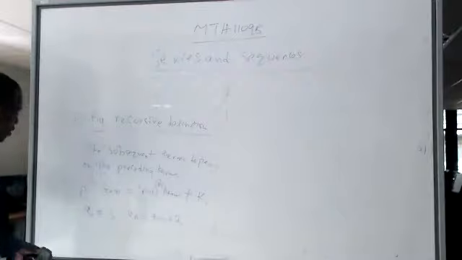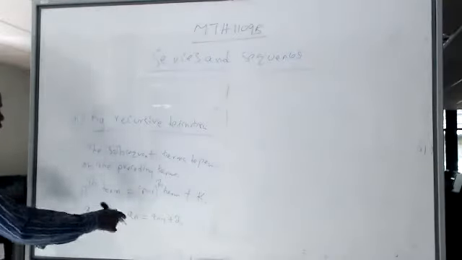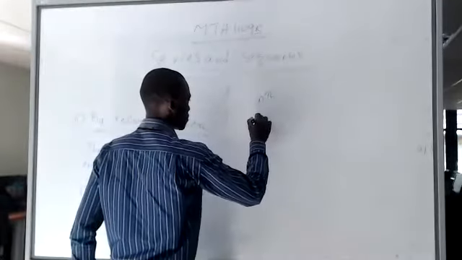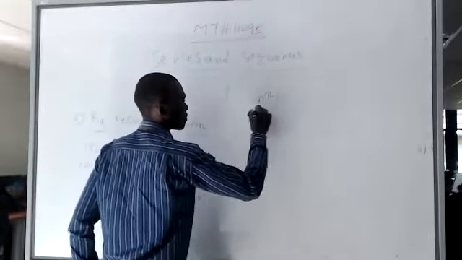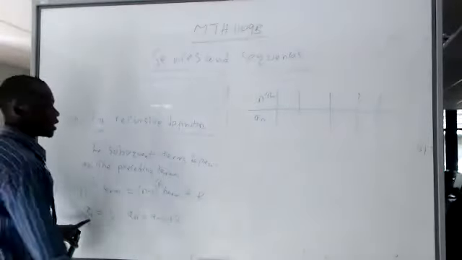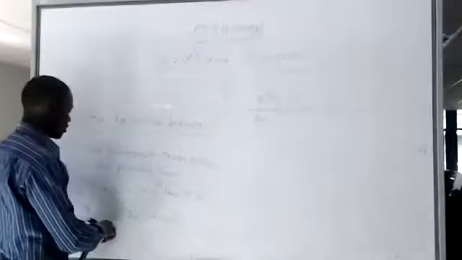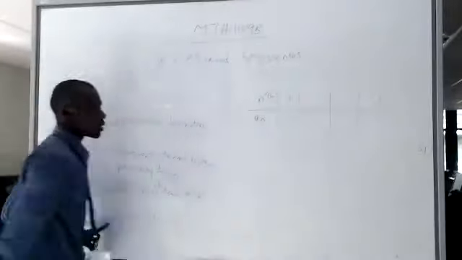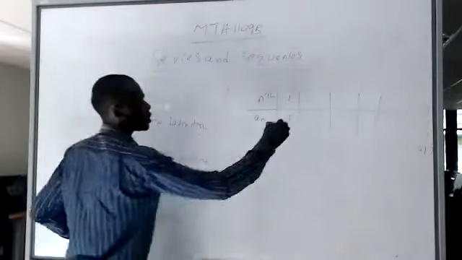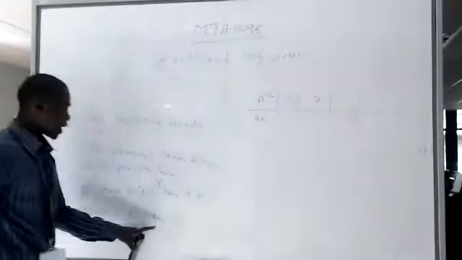So for this case, let us see the first few terms of this sequence. Let me have n here, then an, just a table of some few terms of the sequence. At n is 1, we already have A1 given as 1. At n is 2, we need to compute A2.